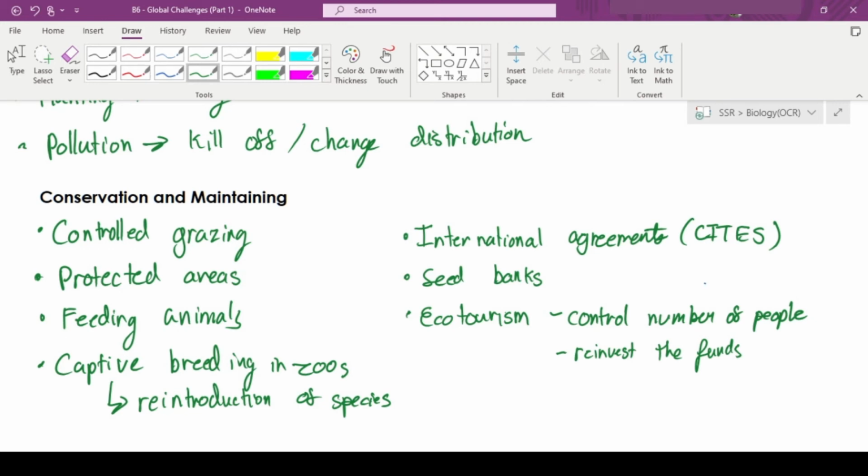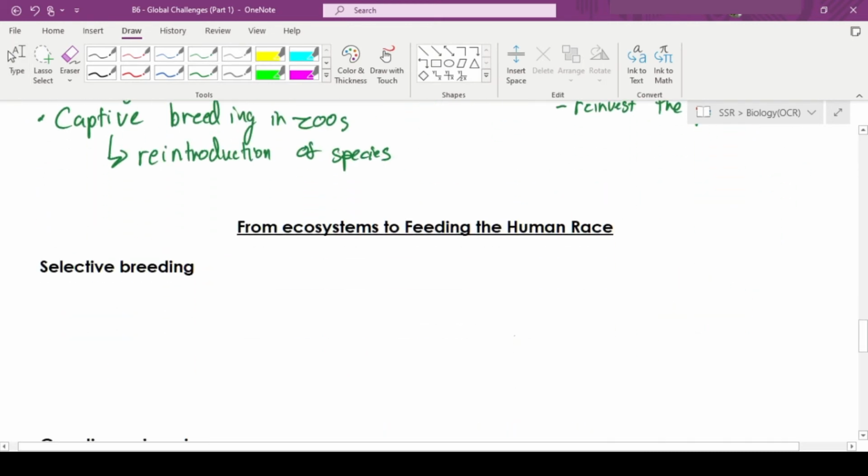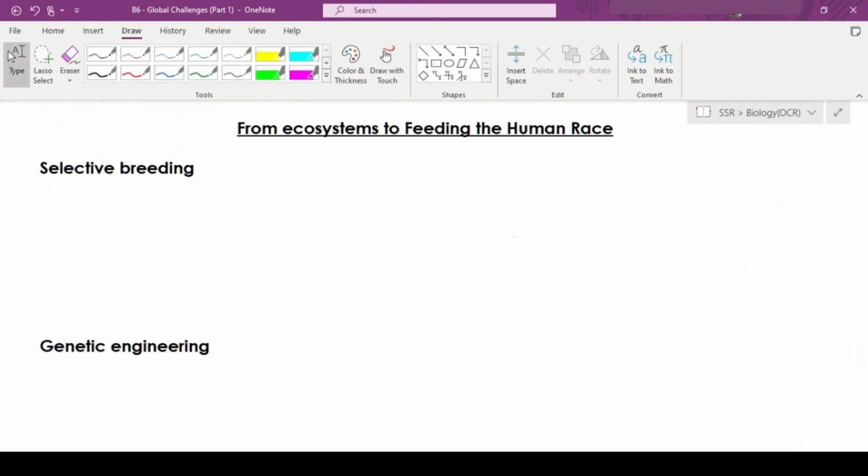It also means that the local economy will go up, and so people would be less likely to, for example, engage in poaching activities because they don't depend on that for income. So there are a number of benefits there as well.